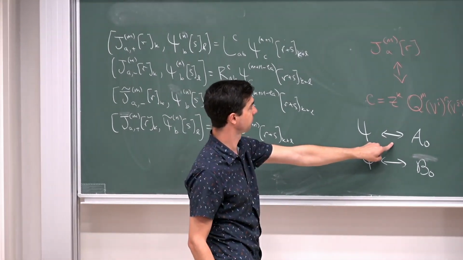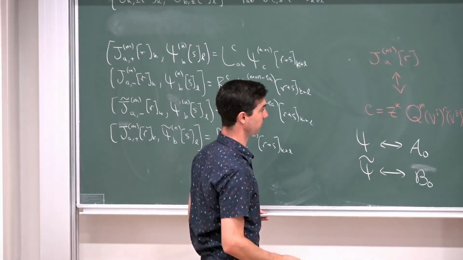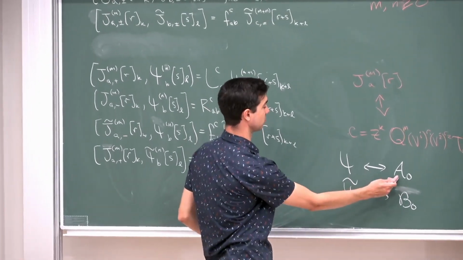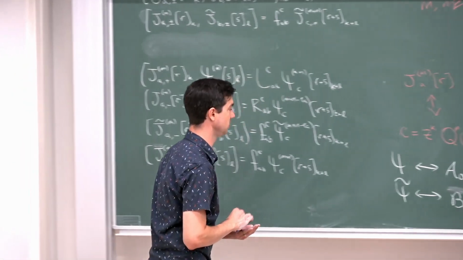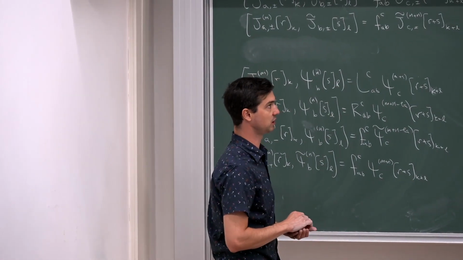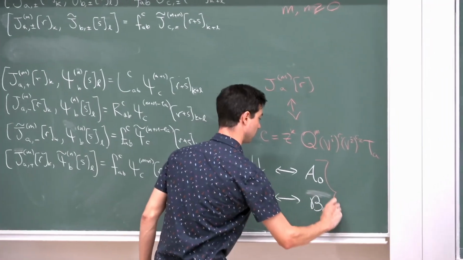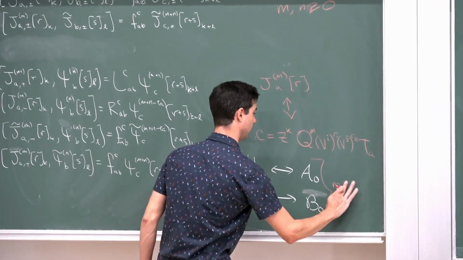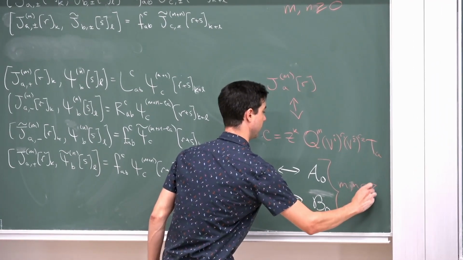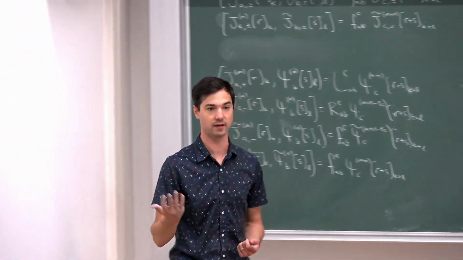But here, because these fields A0 and B0 live over Q not equal to 0, these operators are allowed to have M and N an arbitrary integer. They can have negative values of M and N.